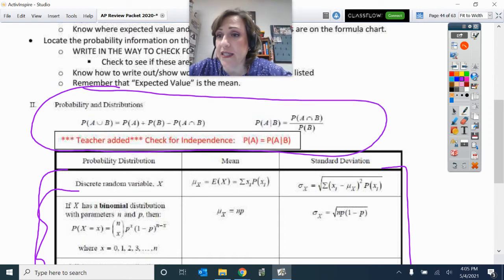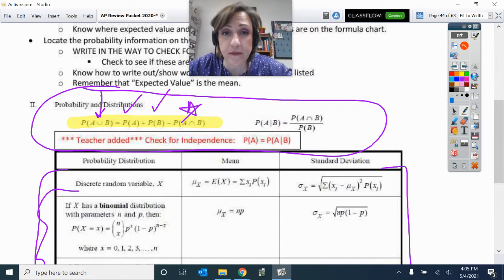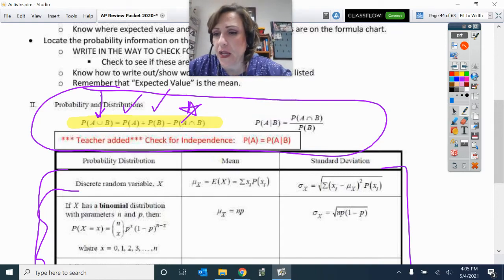And here is the general addition rule, this little part right here. This says that the probability of A or B, there's your union for or, is you can add the A portion plus the B portion. But if there's overlap, then you need to take away that part that got double counted. Okay, so there's that.